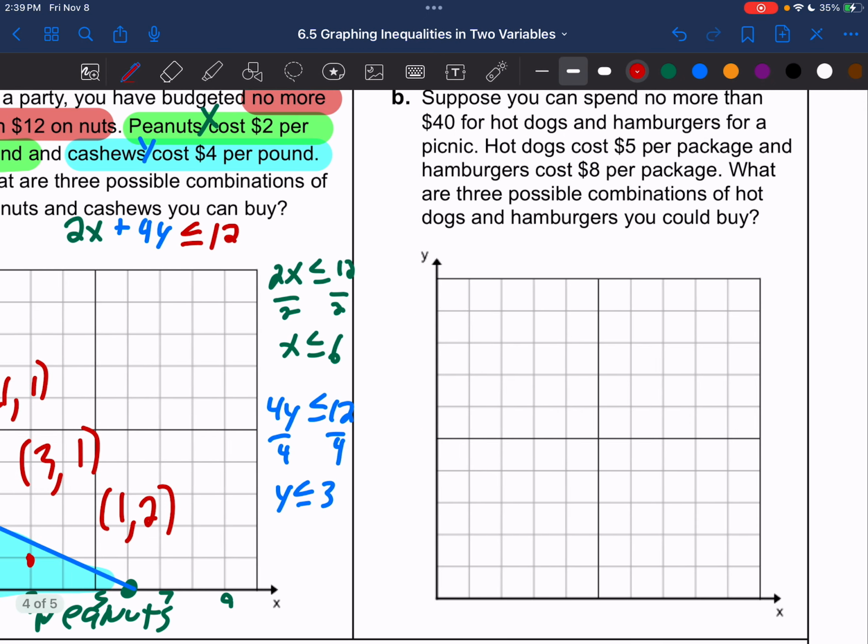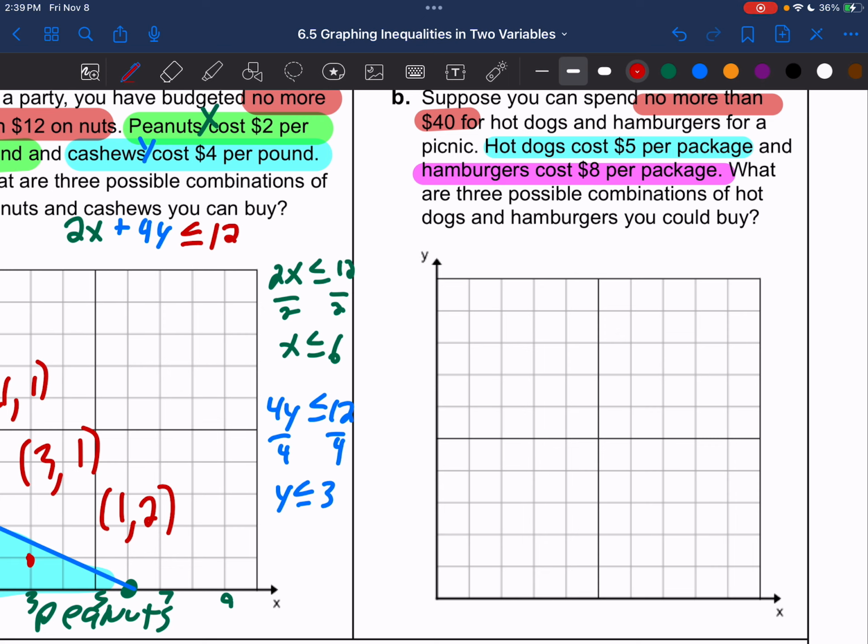All right, letter B. We have, suppose you can spend no more than $40 for hot dogs and hamburgers for a picnic. Hot dogs cost $5 per package. Hamburgers cost $8 per package. What are the possible combinations? We know we can spend no more than $40.